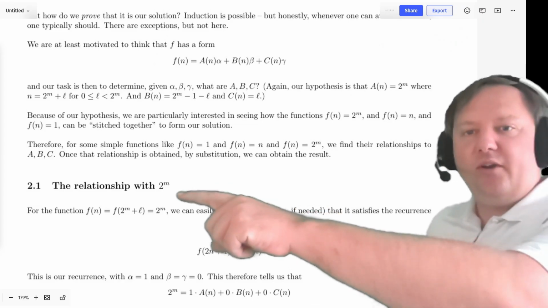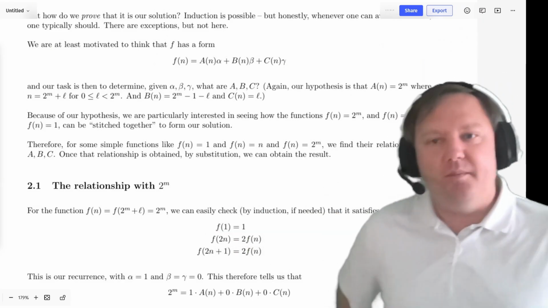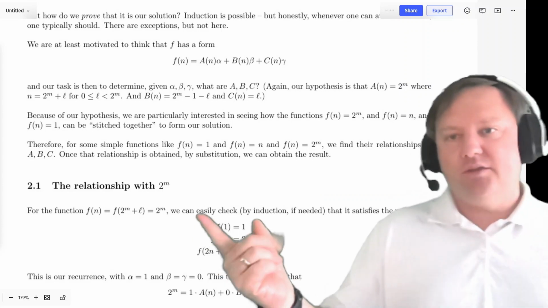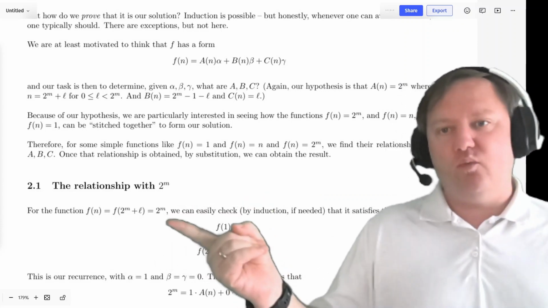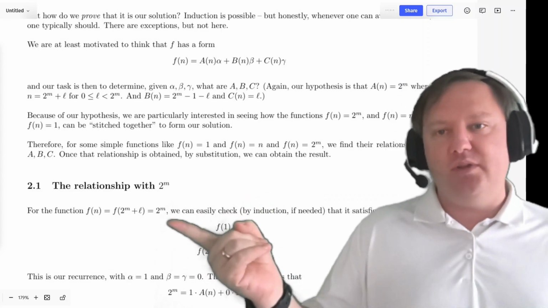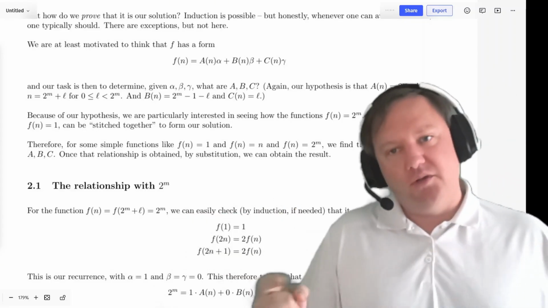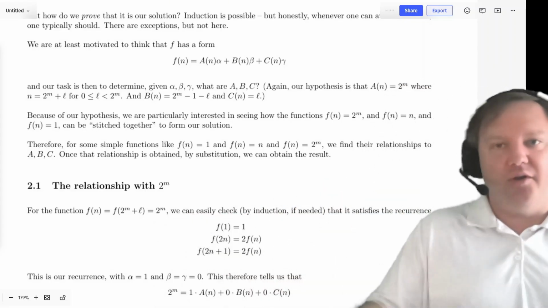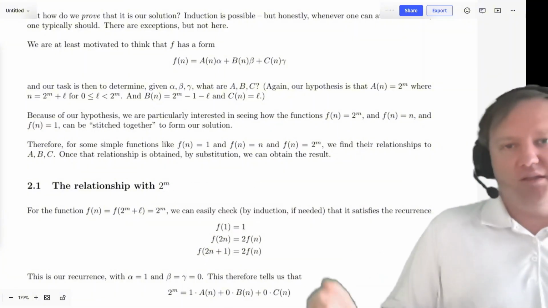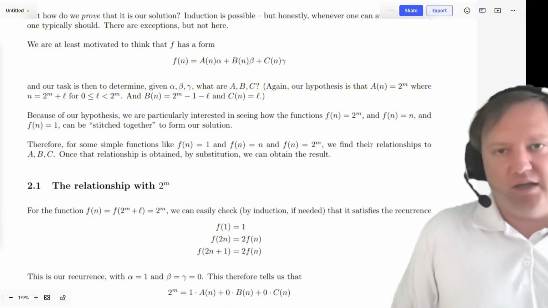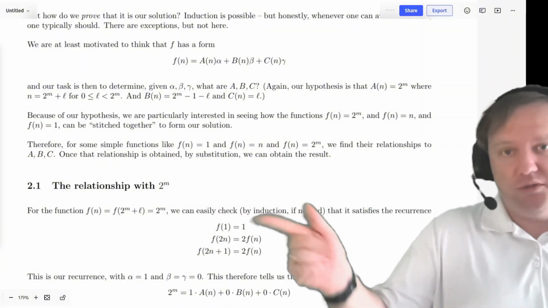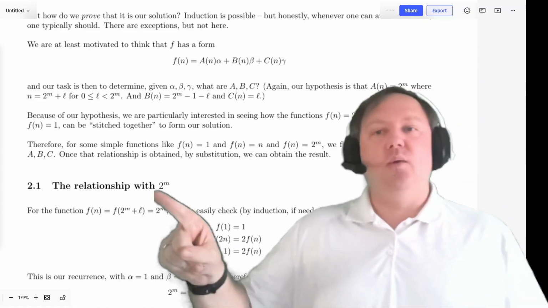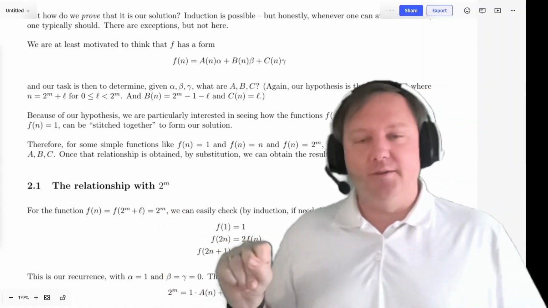So let's start by adding 2 to the m to our repertoire. Again, think of this as a function where you input n and it outputs 2 to the m, where m is the largest exponent on 2 such that n is greater than or equal to 2 to the m. So that's what this function is.